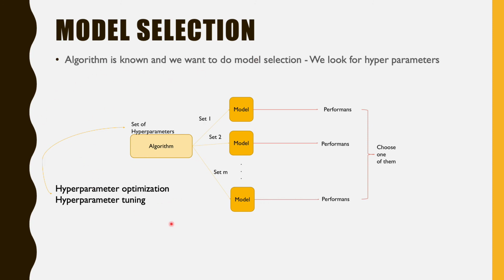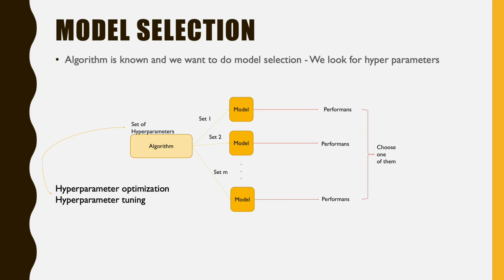We have one hyperparameter for this one, another hyperparameter for another one. We are trying to optimize that, and we typically want to optimize a performance metric, such as classification accuracy or the area under a ROC curve, okay?